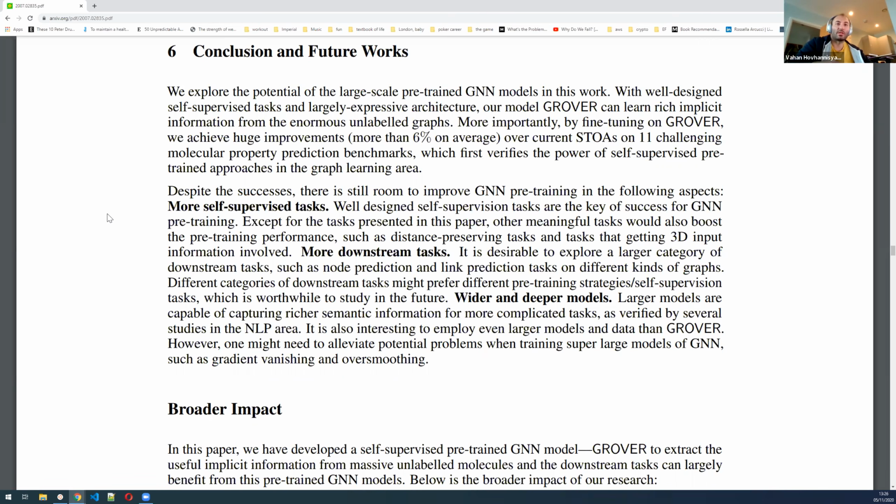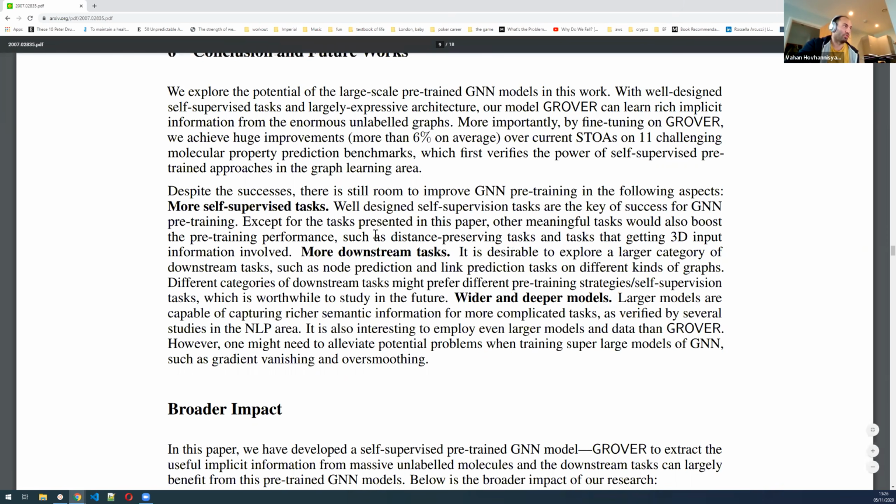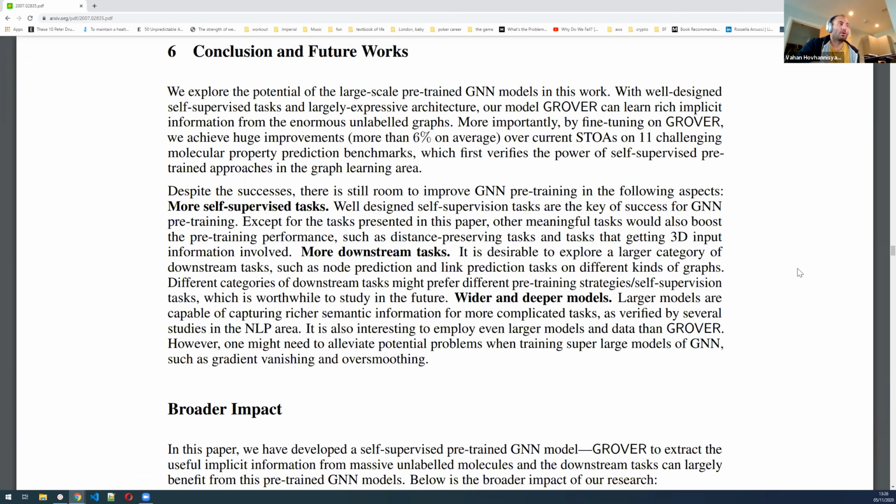And most probably, almost certainly, there is space to improve, and it depends on your downstream tasks. For other downstream tasks, you may want to modify the pre-training. Yeah, good point. For example, they mention that using the 3D input for pre-training can be useful.